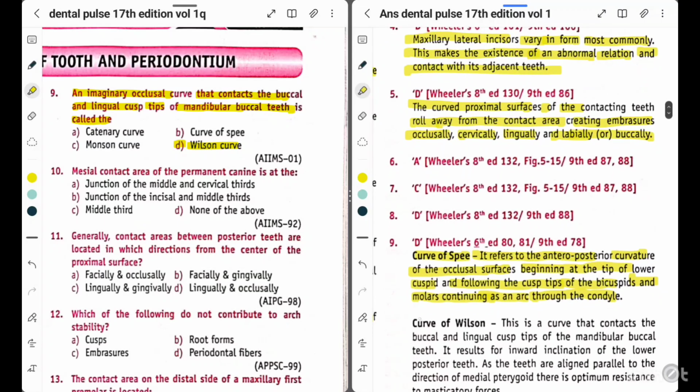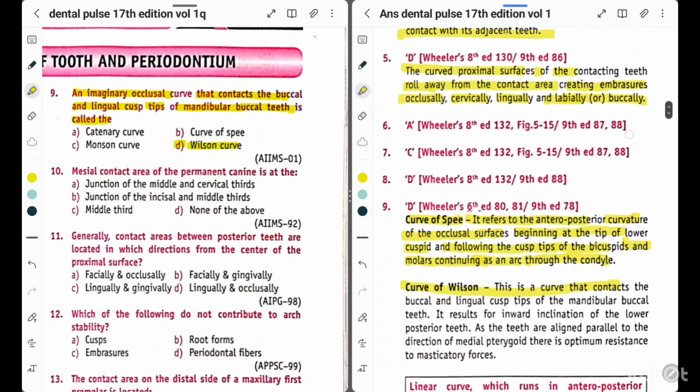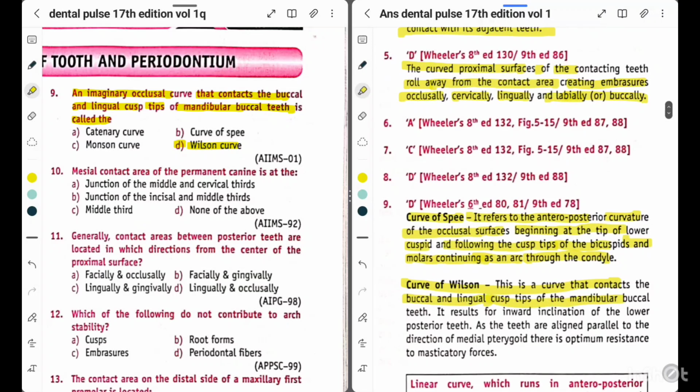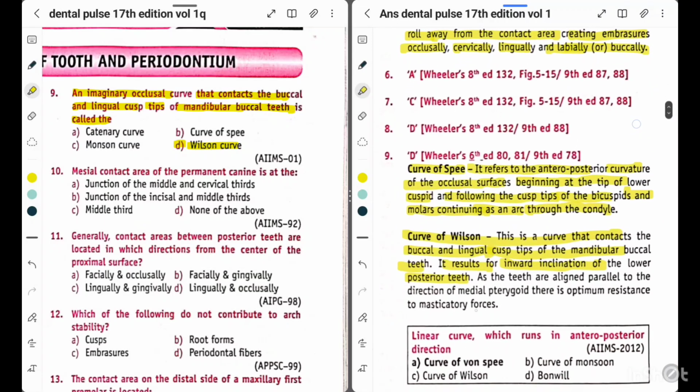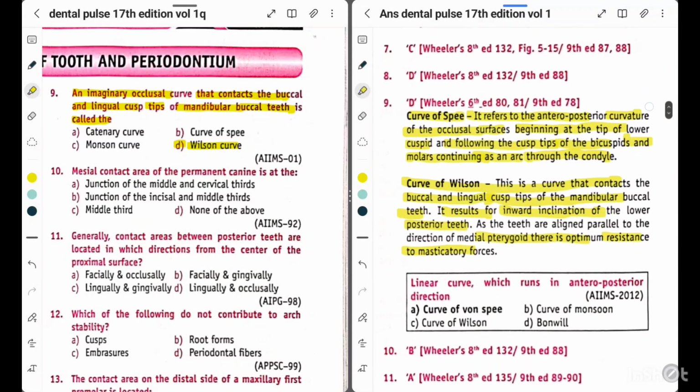Curve of Wilson is a curve that contacts the buccal and lingual cusp tips of the mandibular buccal teeth. It results from inward inclination of the lower posterior teeth. As the teeth are aligned parallel to the direction of the medial pterygoid, there is optimum resistance to masticatory forces.